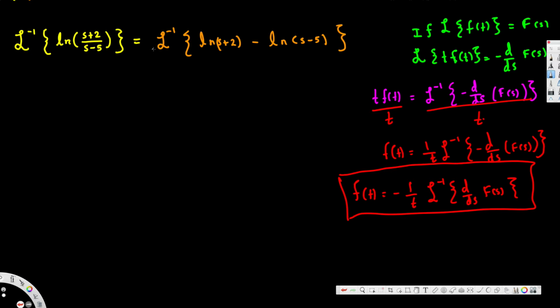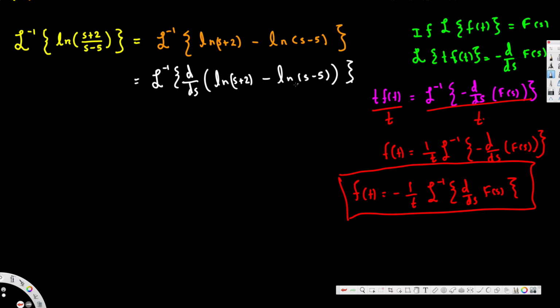Here we have written this as the Laplace inverse of ln of s plus 2 minus ln of s minus 5. Now we are going to substitute this into the pattern. First let's take the derivative: the Laplace inverse of d by ds of ln of s plus 2 minus ln of s minus 5.